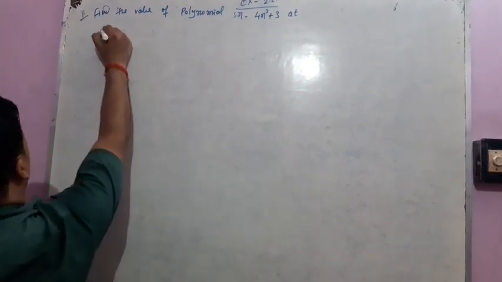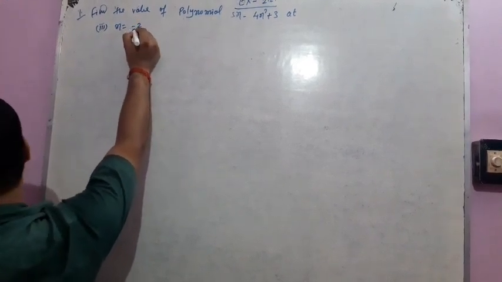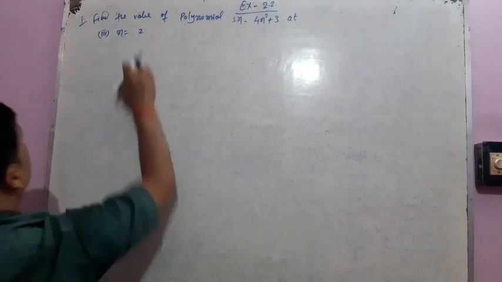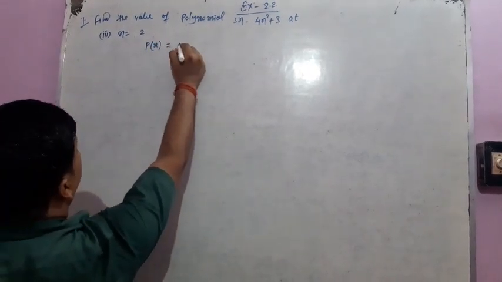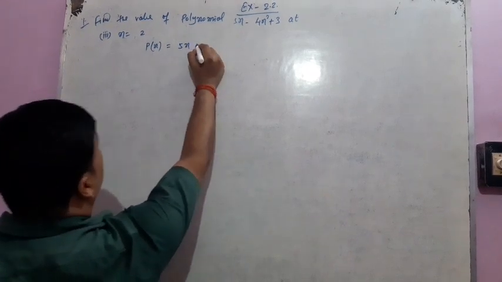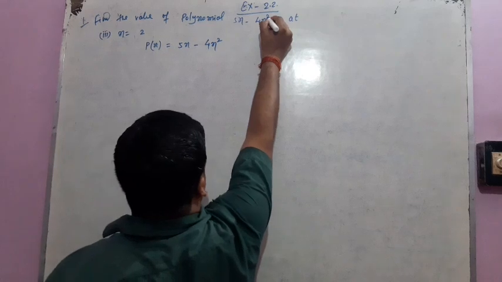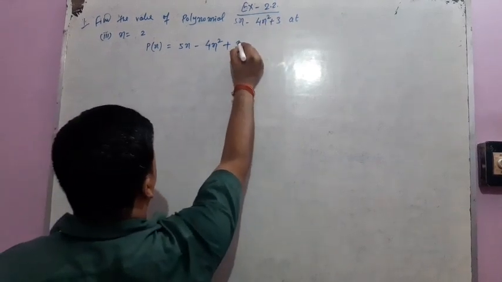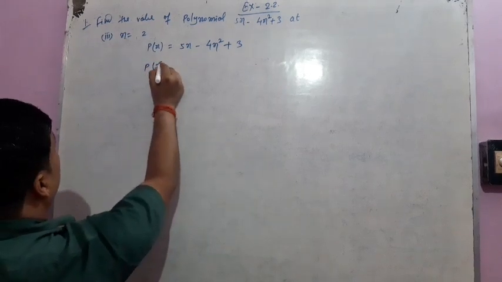Suppose we are taking the third value, x is equal to 2 given here. Now, for the polynomial, it is given that p of x is equal to 5x minus 4x square plus 3. Now the value of x we have to take here is 2.